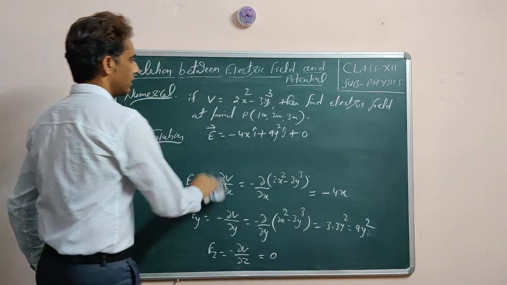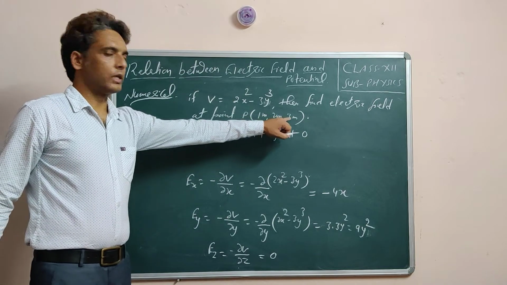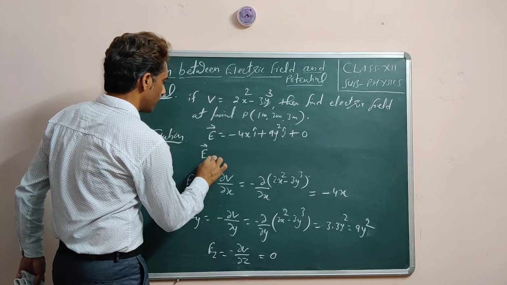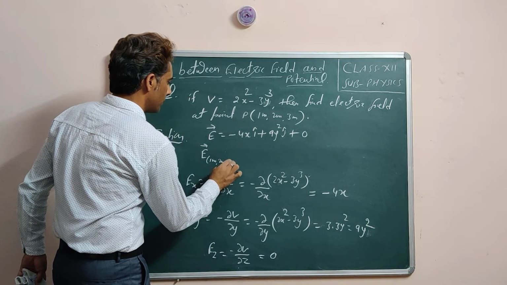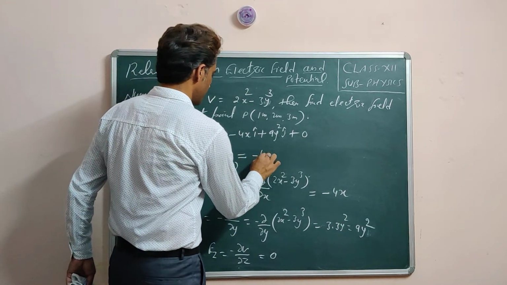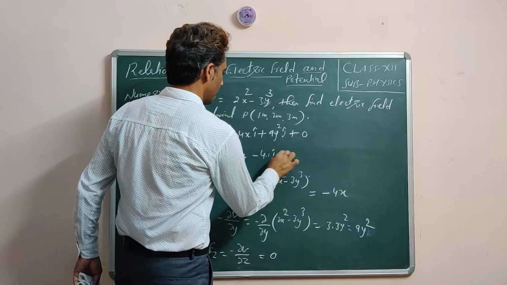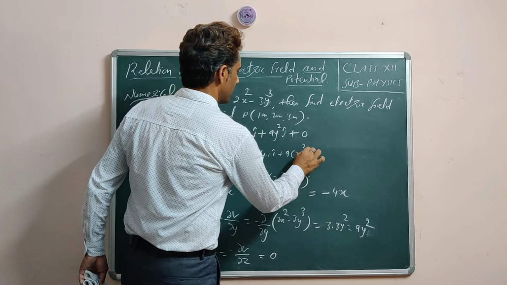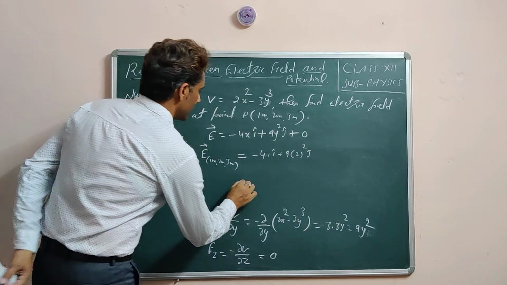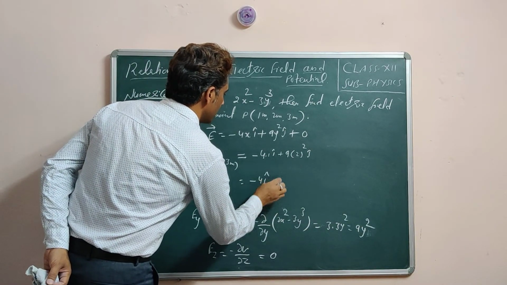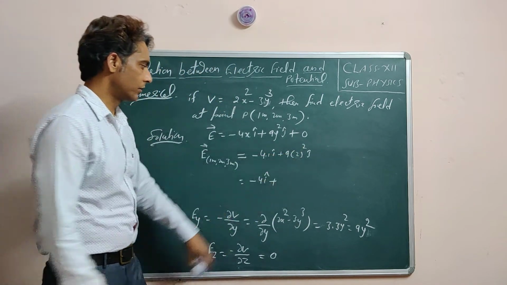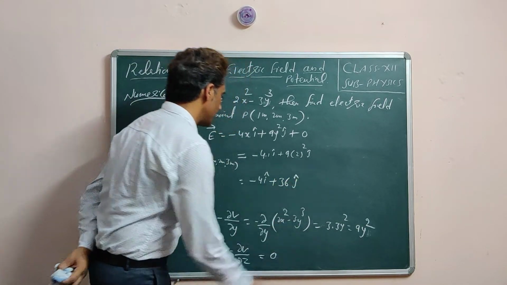Now you are given this point whose coordinates are 1 meter, 2 meter and 3 meter. So we can write electric field at point 1 meter, 2 meter, 3 meter is equal to minus 4 into 1 i plus 9 into 2 square j, that is equal to minus 4i plus 9 into 4, which is 36, j.